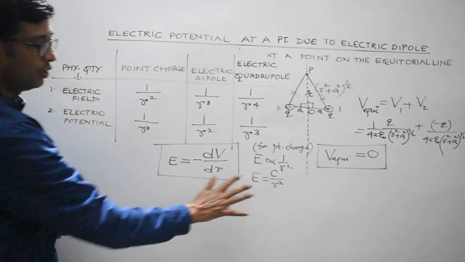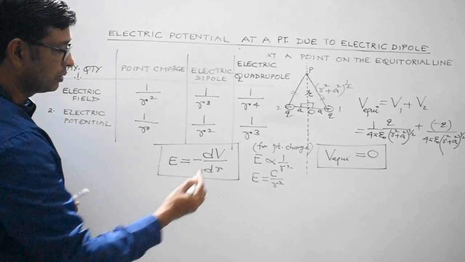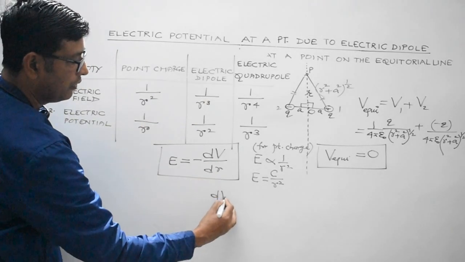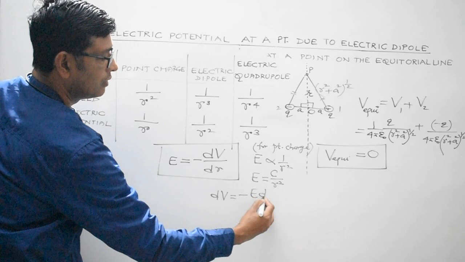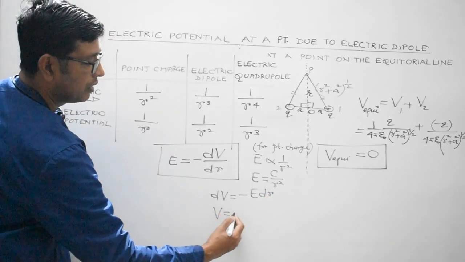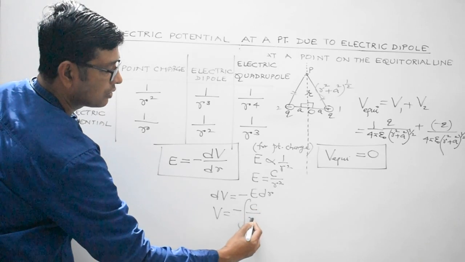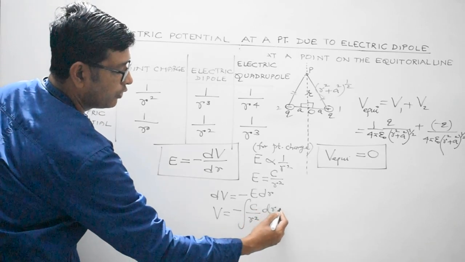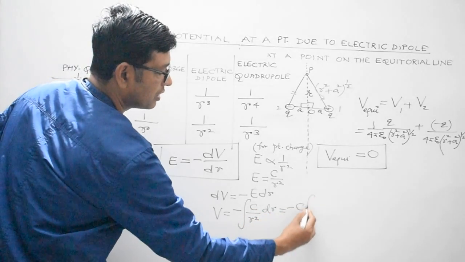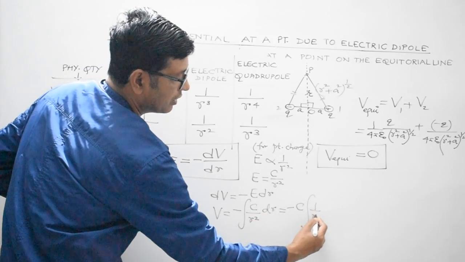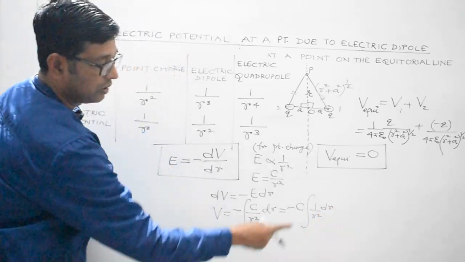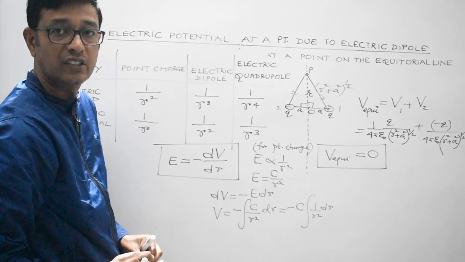So we know the value of the electric field. Let's find out the value of potential. dV would be equal to minus E dr, so V would be minus the integration of E dr. Substituting E as C by r square, we get minus C times the integration of 1 by r square dr. Now look, the integration of 1 by r square is minus 1 by r.